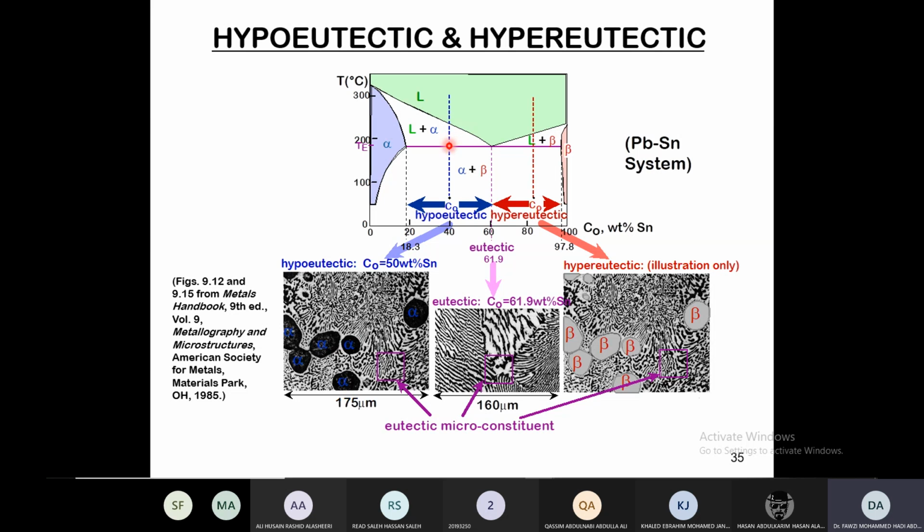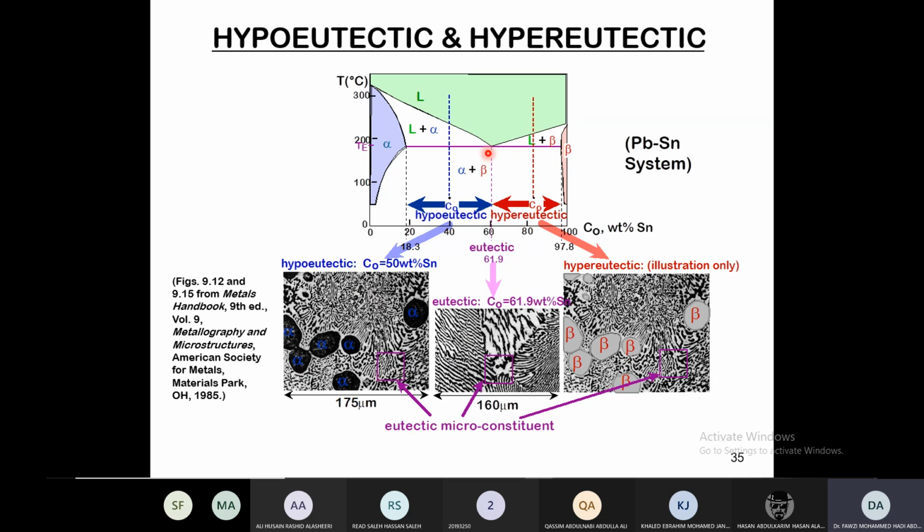And once we go below the eutectic isotherm, the lamellar configuration forms here. We call it also eutectic microstructure. So we have this hypoeutectic microstructure forming here.